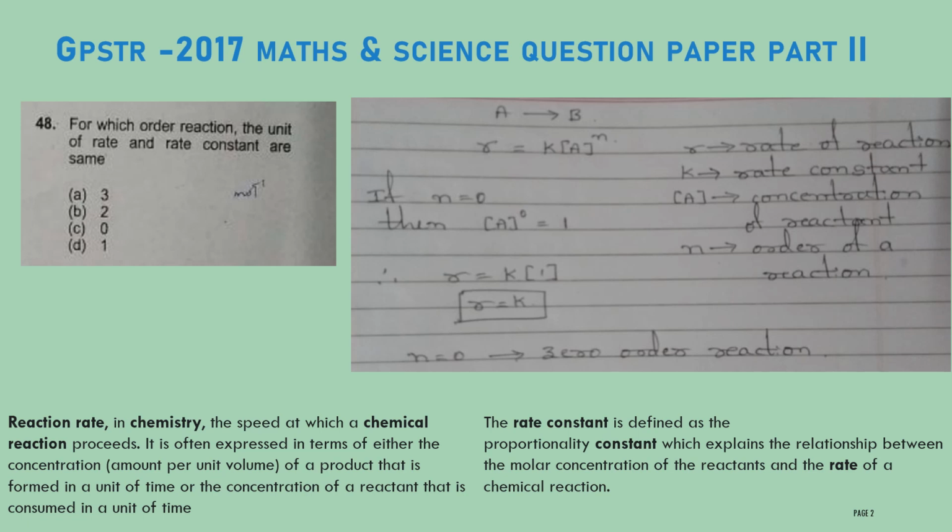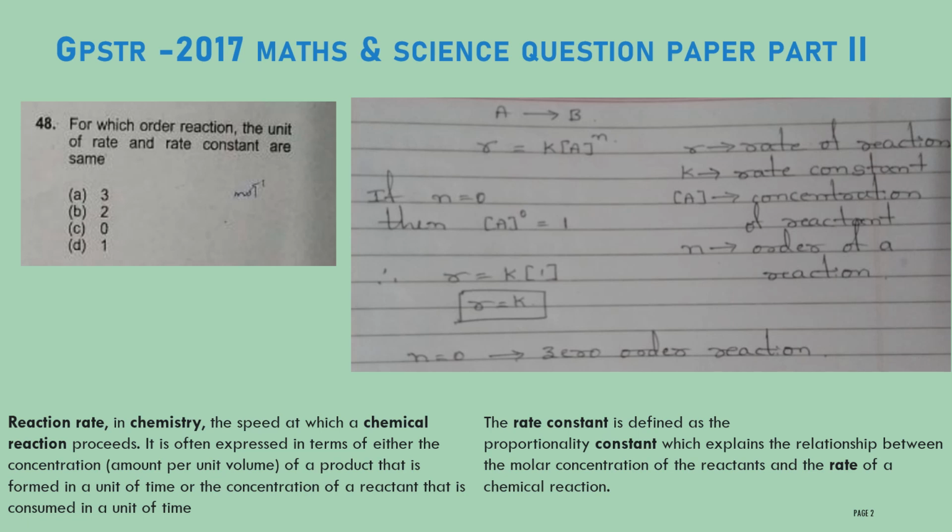Here let us see the question. At which order of a reaction will the rate of a reaction be equal to the rate constant? Let us consider, if n is 0, then the power of the concentration of the reactant is 0. You know from the mathematical formula, if any alphabet or number has the exponent 0, then its value is equal to 1.